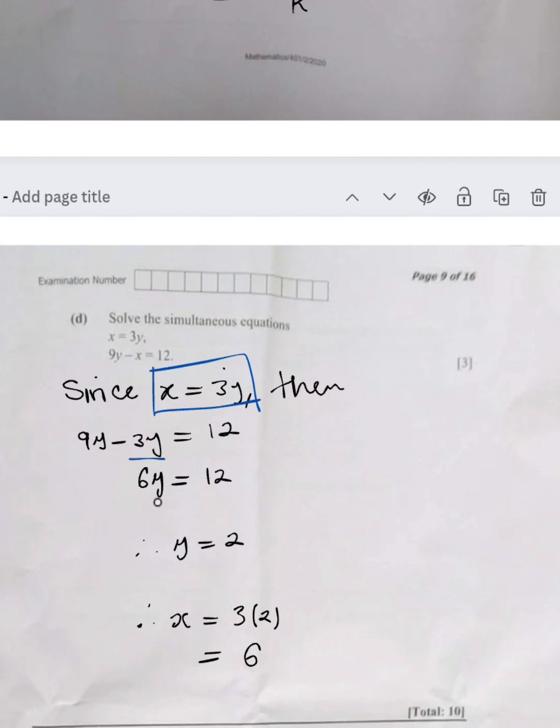So this is just 6y is equal to 12, divided by 6, which is y is equal to 2. But we have been told that x is equal to 3y. So where there is y, we put 2, so that the product is 6. Therefore, x is equal to 6 and y is equal to 2 as desired.